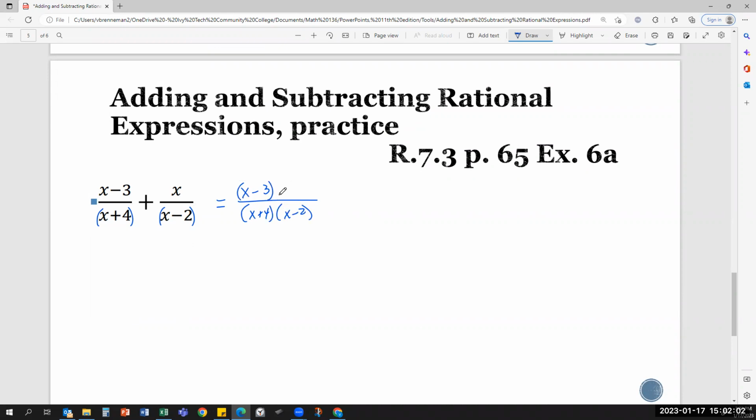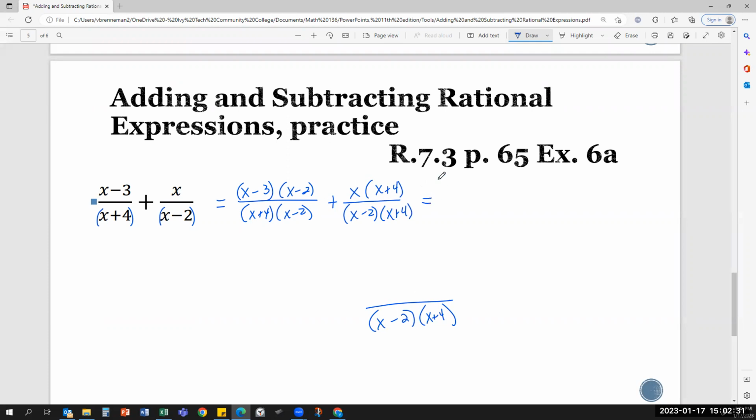To get that, on the first one there wasn't an x minus 2, so we multiply the top and the bottom by x minus 2. For the second one, we had x over x minus 2, and we need the x plus 4. So the denominator on the result is going to be x minus 2 times x plus 4. That's not changing anymore, but I need to do some work on the numerator, so I'm not going to rewrite the denominator each time.